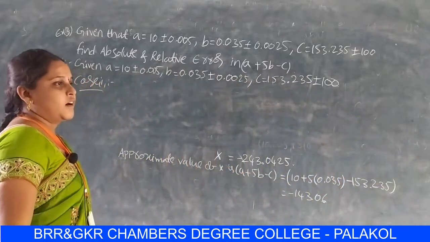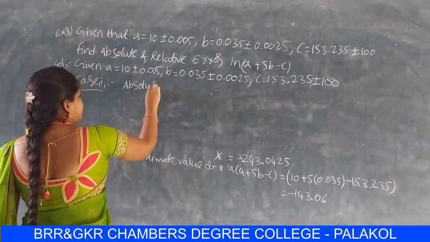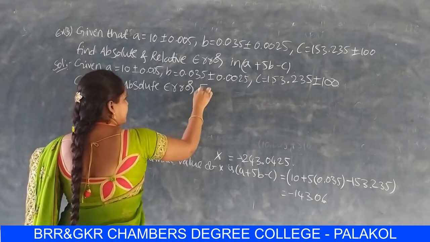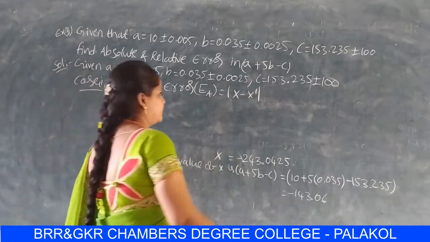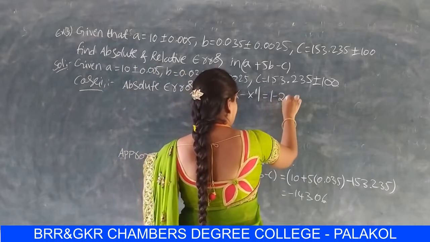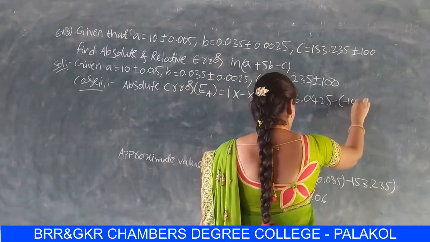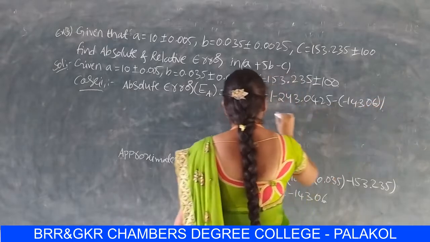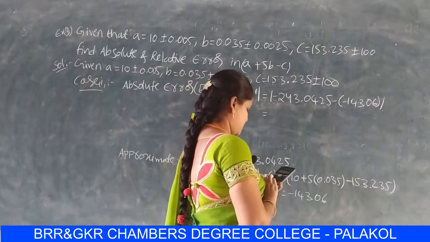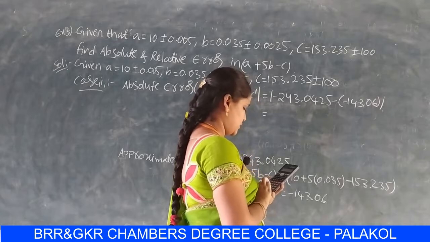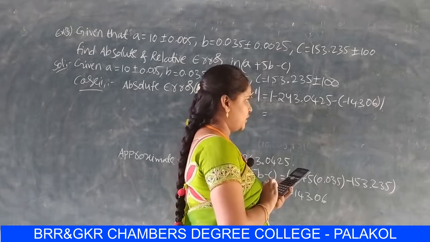the absolute error. EA is equal to modulus of x minus x dash, which is nothing but modulus of minus 243.0425 minus of minus 143.06. Simplifying on the scientific calculator, minus 243.0425 minus of minus is always plus 143.06.